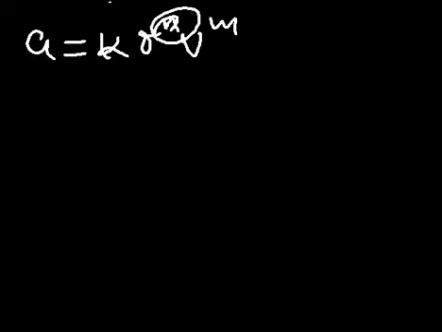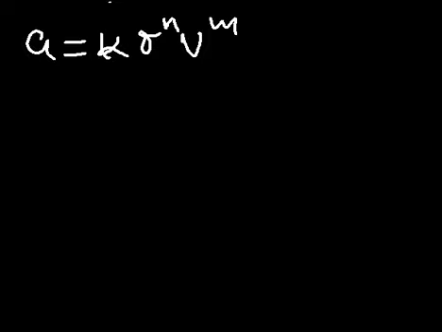What are the values of n as well as m making the formula dimensionally consistent? Let's say k is a dimensionless constant. Try to work that one out in your own time and see how best you can do it.